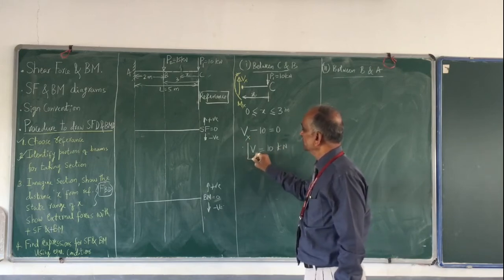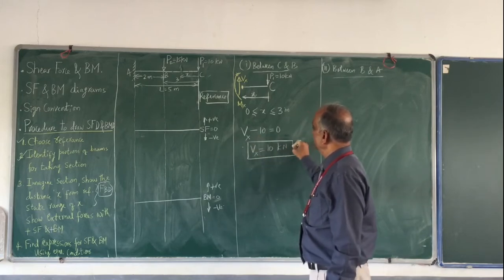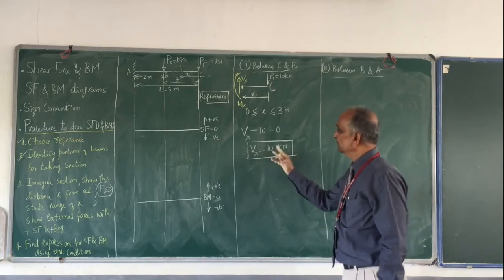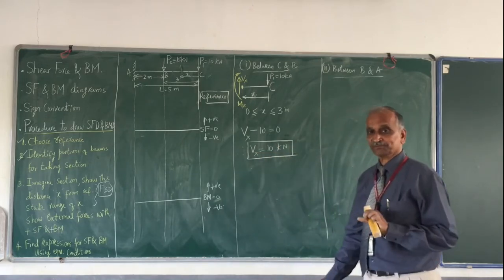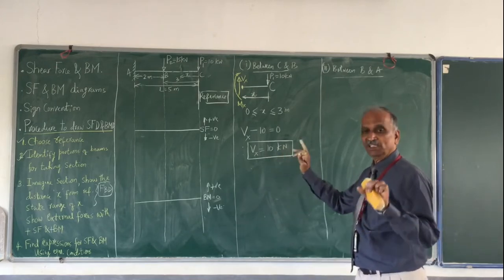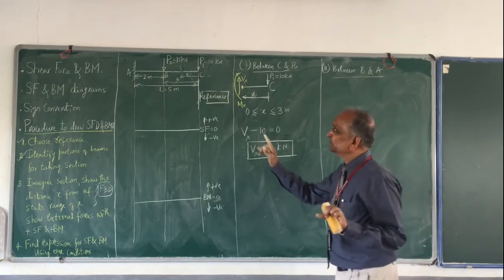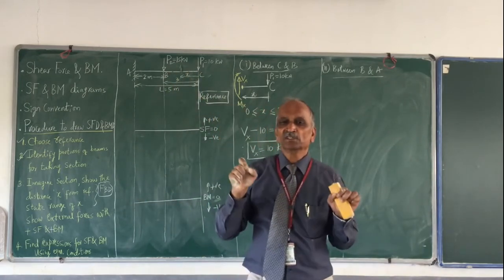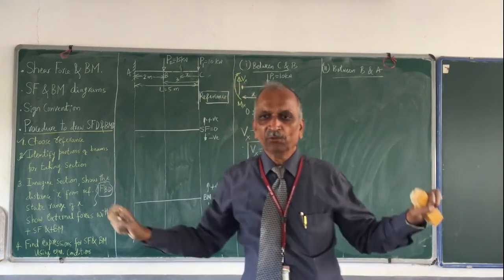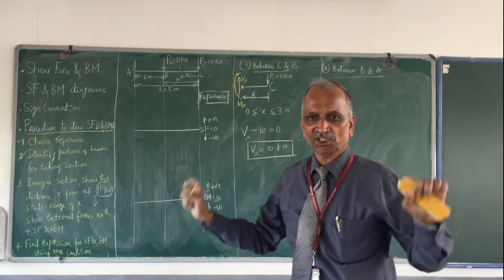Do you agree that this shear force is positive? Vx is equal to 10 kilonewton. I don't have x, so Vx is independent of x. That means in this portion between C and B, the shear force is 10 kilonewton at every section. It is not changing.